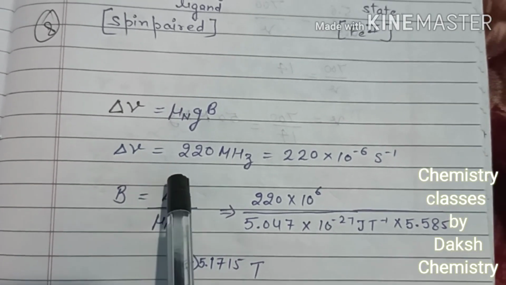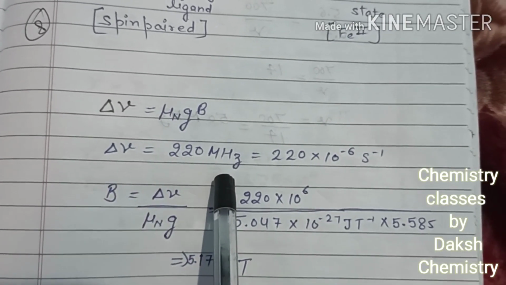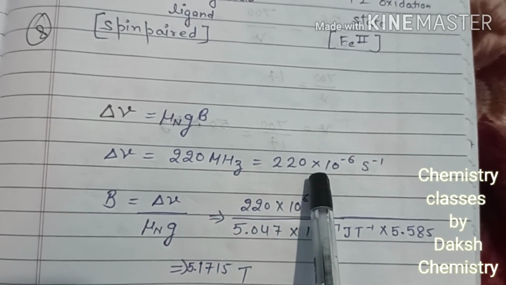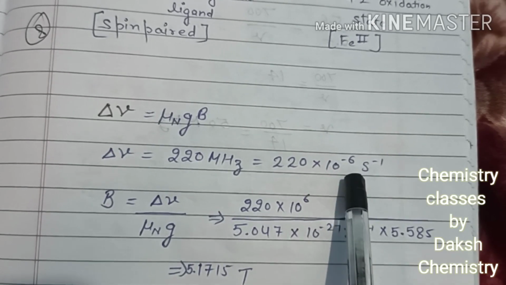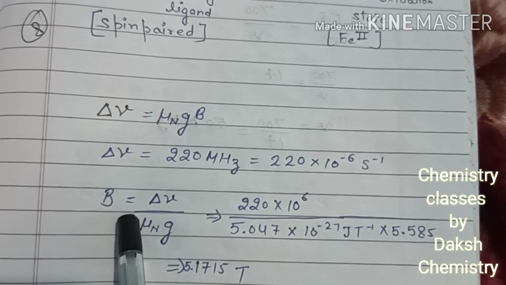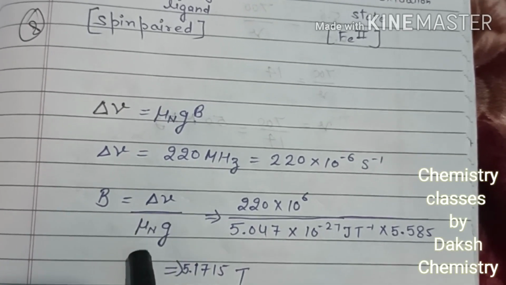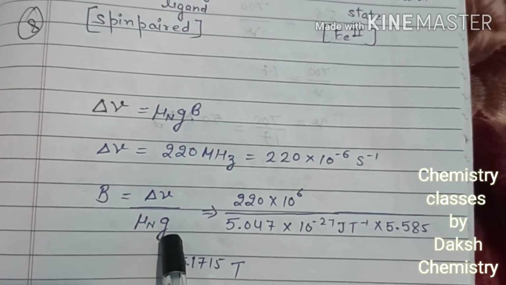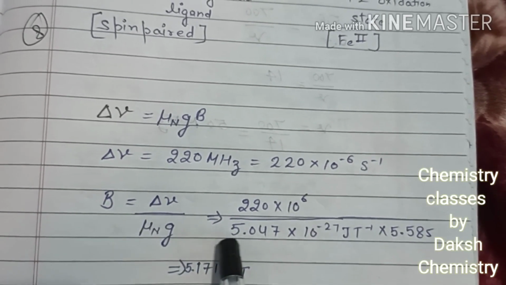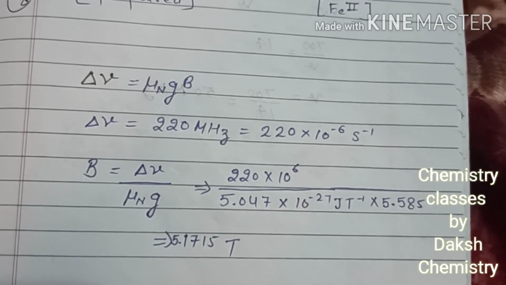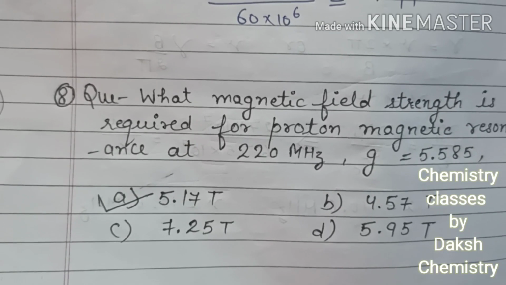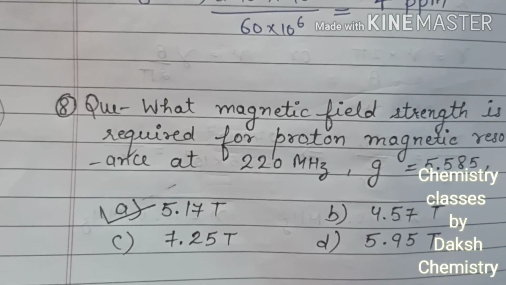Delta mu is given as 220 megahertz. We can change it into hertz, 220 times 10 to the power 6 per second. So the magnetic field is equal to delta mu divided by mu n times G. Put the values in these expressions, and we get 5.1715 Tesla. So the correct option is option A.